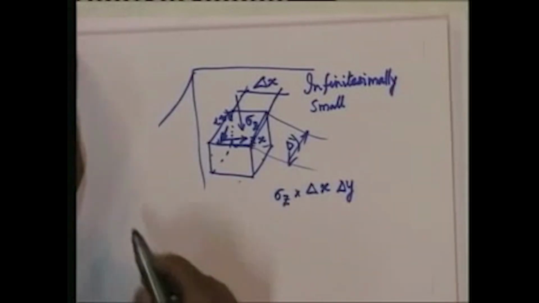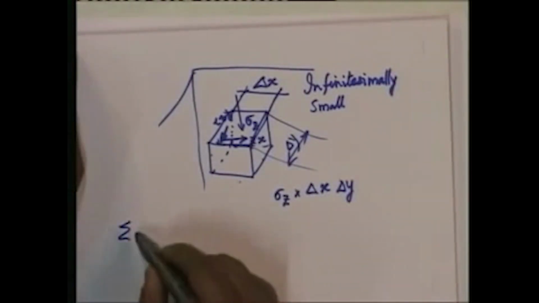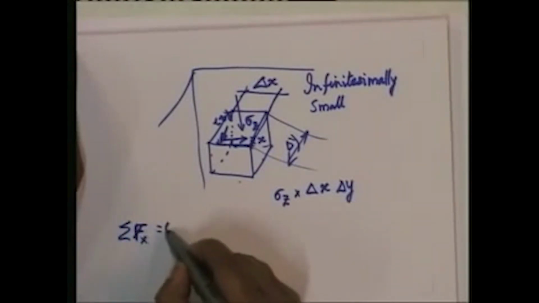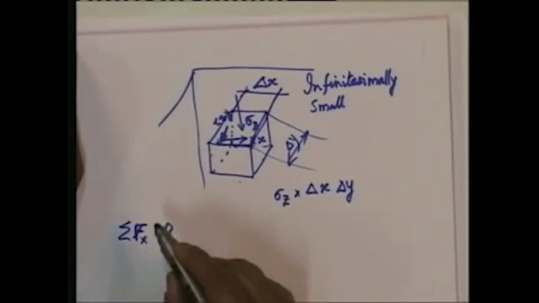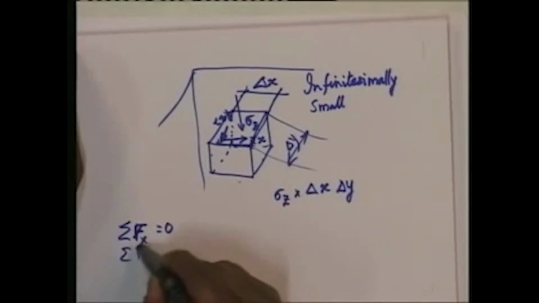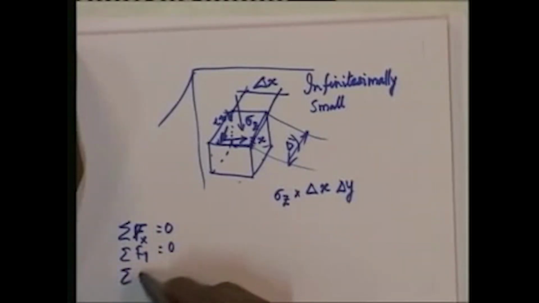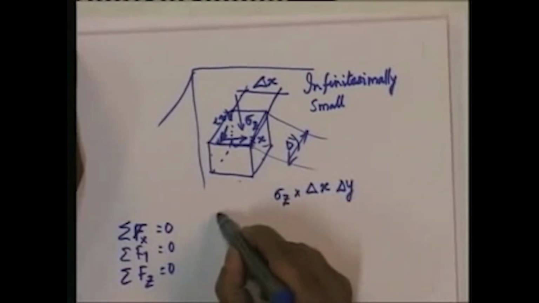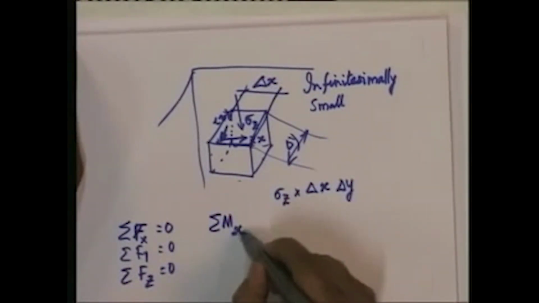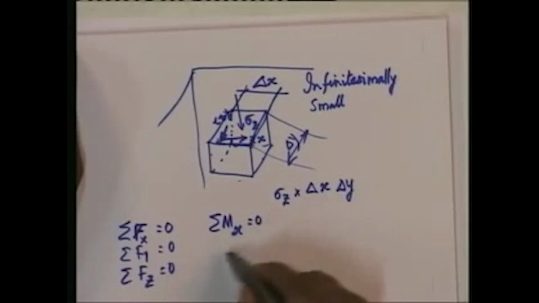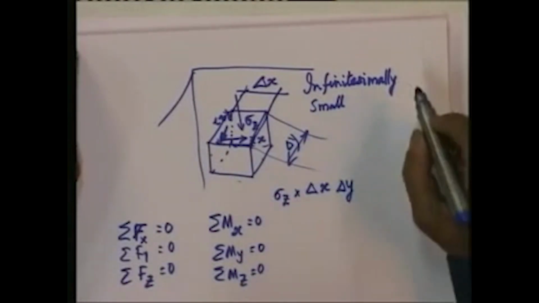So, the equations of equilibrium are going to be sigma Fx, the sum of all the forces in the x direction equal to 0, the sum of all the forces in the y direction equal to 0, the sum of all the forces in the z direction equal to 0. Similarly, the moments about the x axis must be equal to 0, the moment about the y axis must be equal to 0, and the moment about the z axis equal to 0.